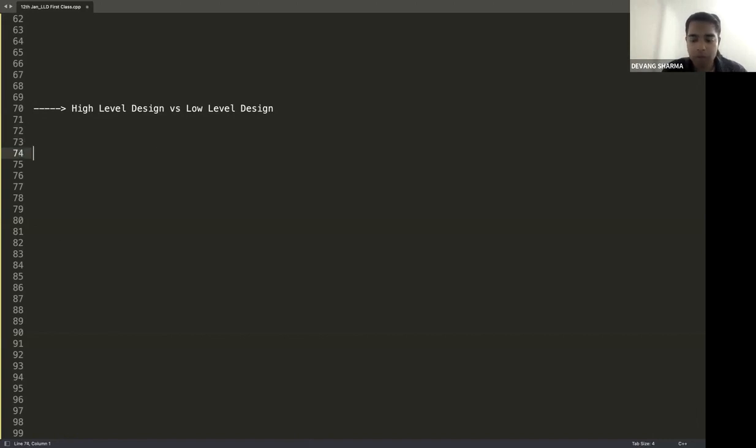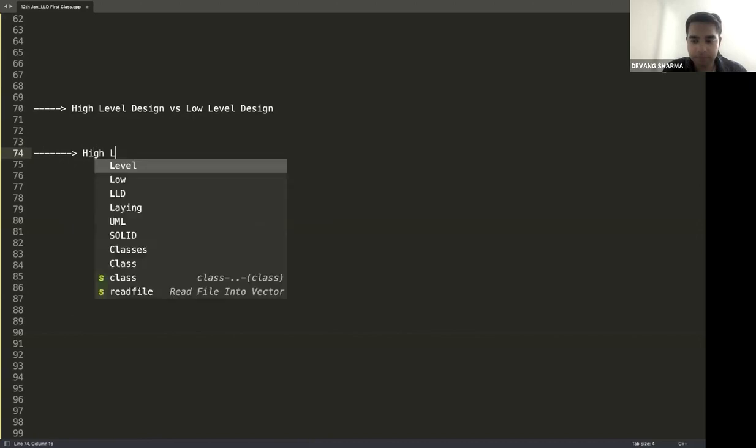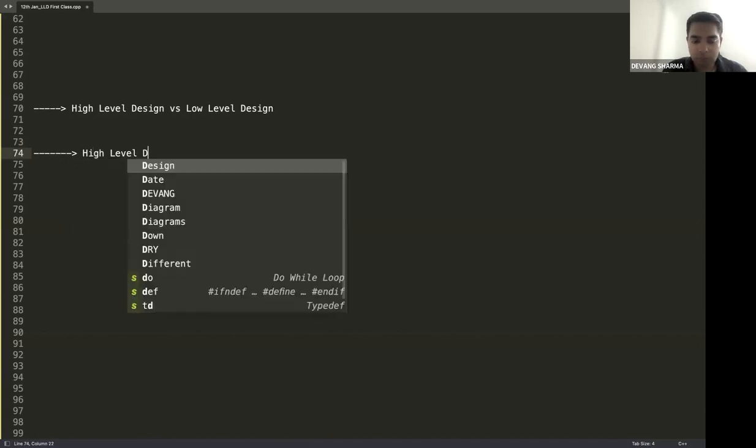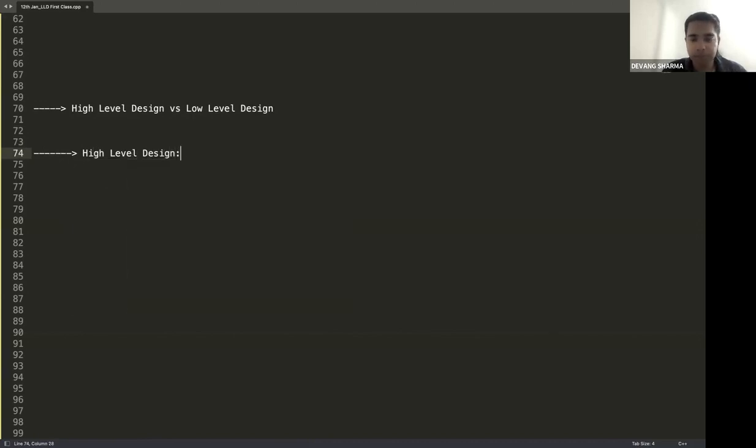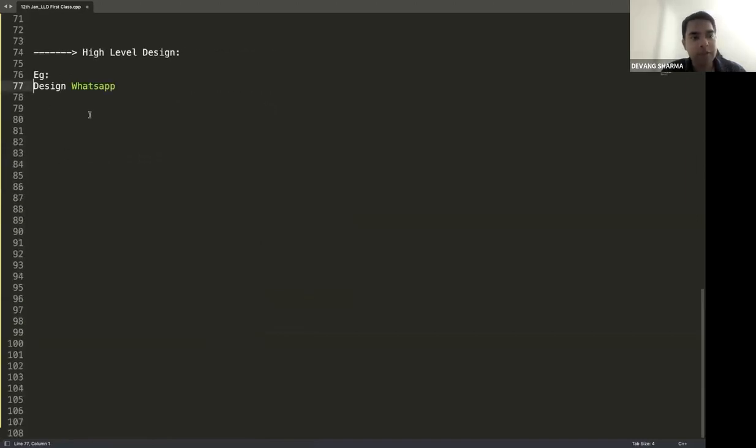Let's take an example of high level design. Let's say I'm asked to design WhatsApp. This is my problem statement. What will be the focus? I'll take a top-down approach. What do I mean by top-down approach?